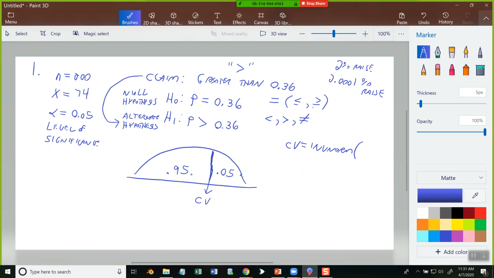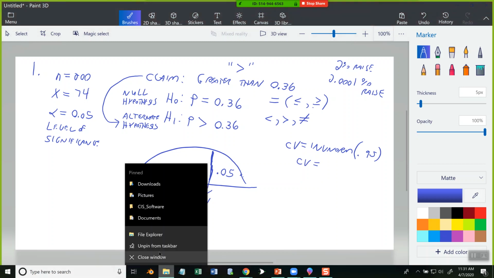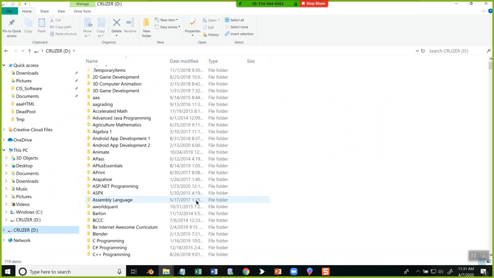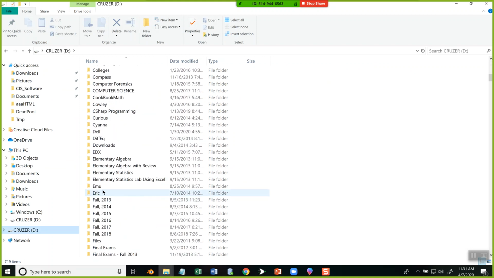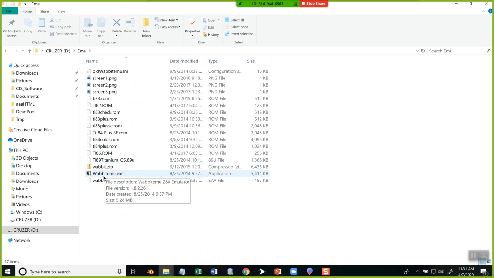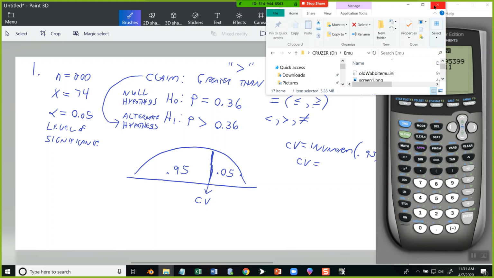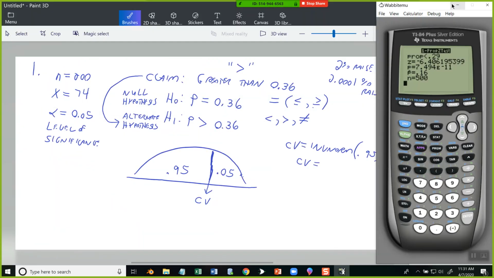The area to the left will be 0.95. I'll do second vars and choose INV norm.